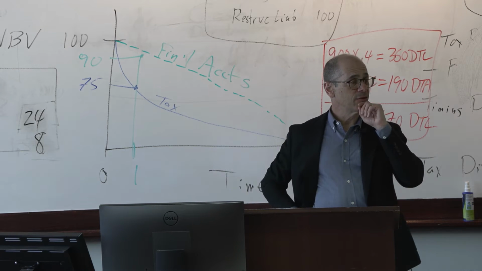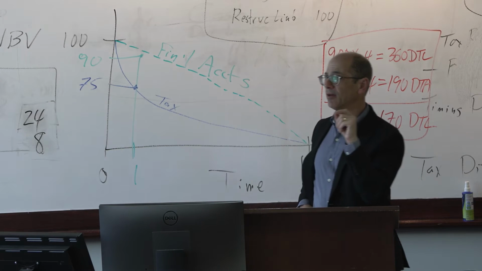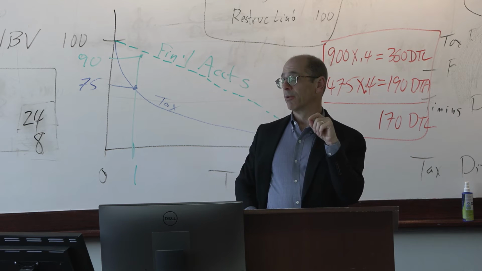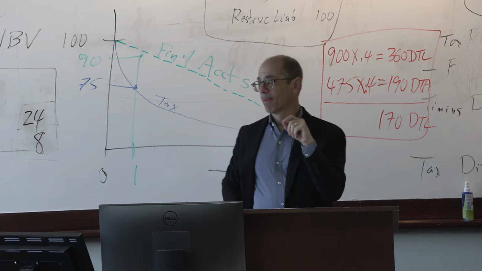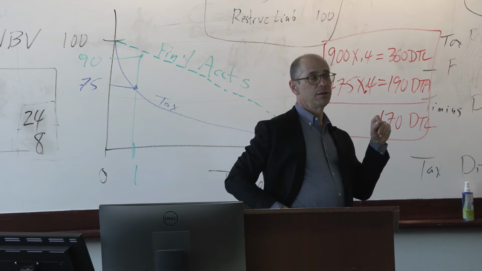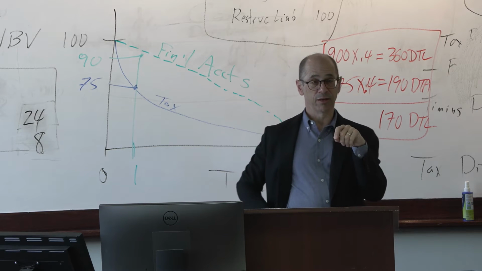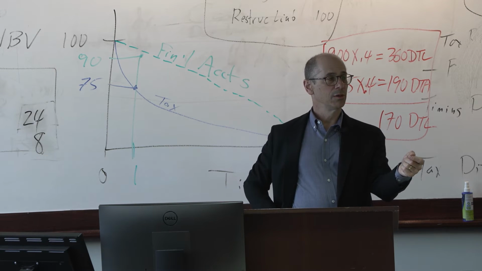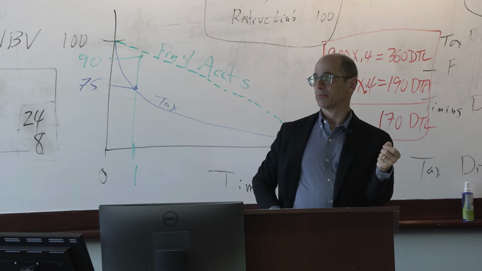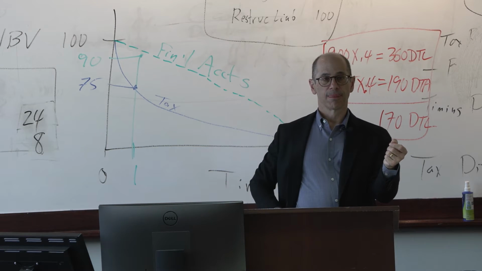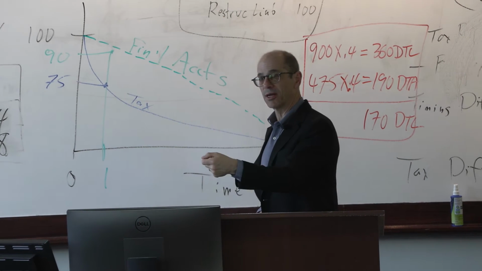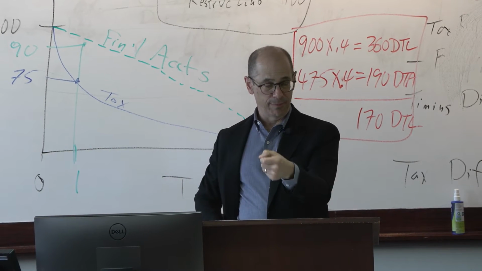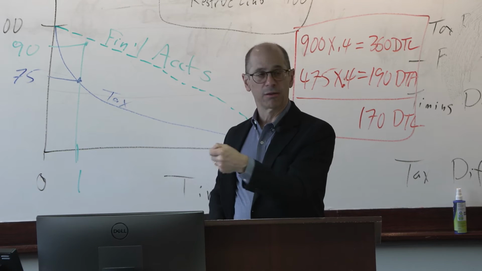This should sound familiar to you in the following sense. It should sound familiar because it's the same, or almost the same, as strict liability. With strict liability, if you engage in a harm-causing activity, and then you actually harm someone and they sue you, you pay their harm, damages. With a tax, you engage in a harm-causing activity, you pay a tax to the government, not to the victim, but you pay an amount of money equal to the expected harm.